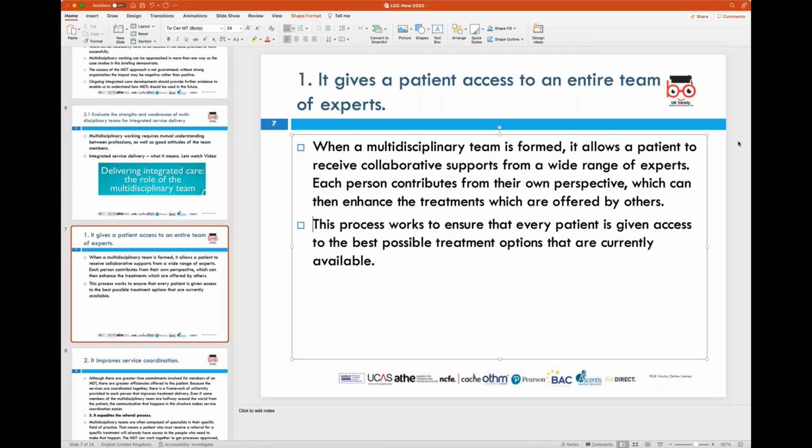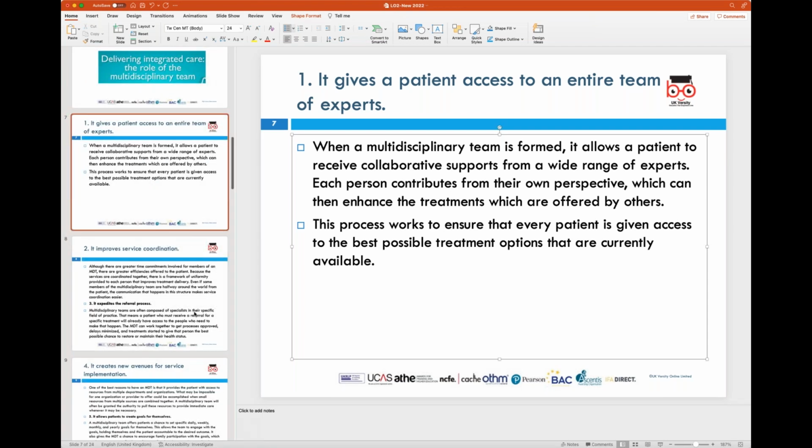You have access to consultants, you have doctors, you have practice managers or practice nurses, essentially clinical nurses, you have healthcare professionals, and other professionals within that remit who are then able to provide you the best possible treatment that is currently available to solve or rectify the condition that you have.